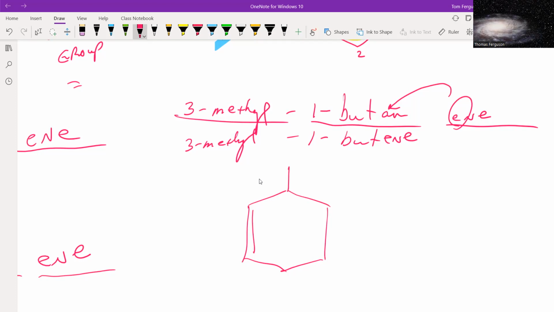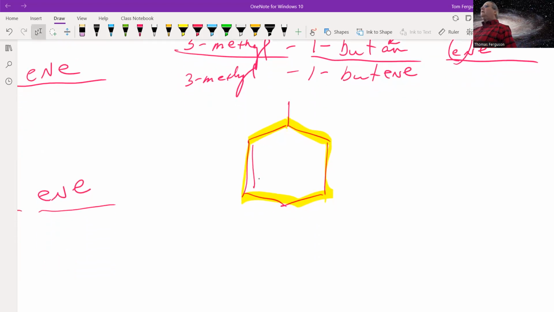That defines the backbone, the cyclic part. Okay, and how many are on the backbone? 1, 2, 3, 4, 5, 6. So that's going to be a cyclohexene.